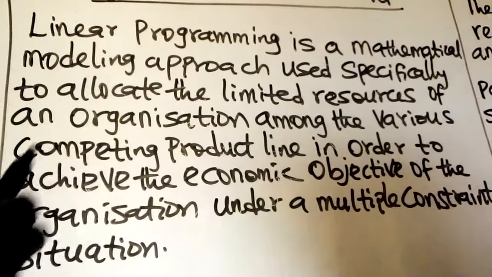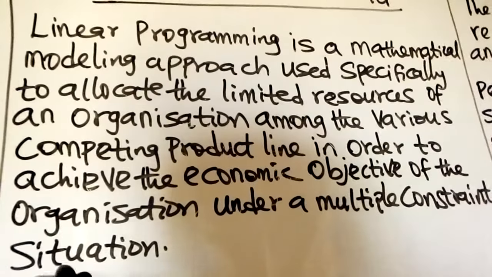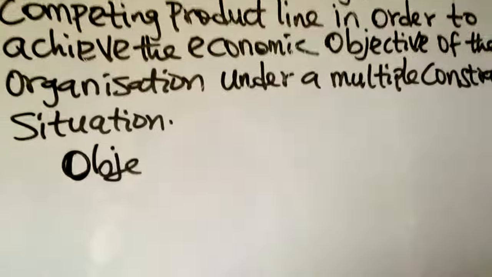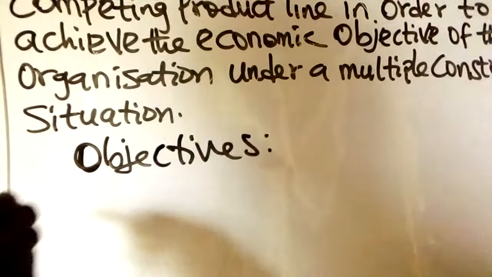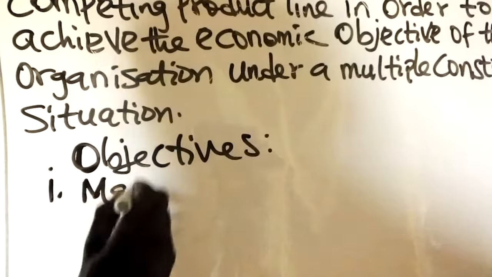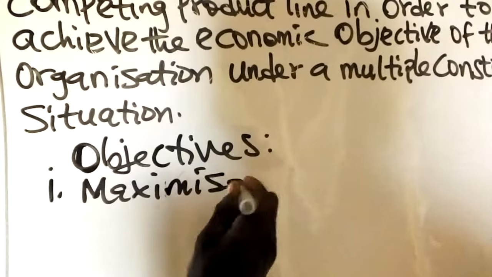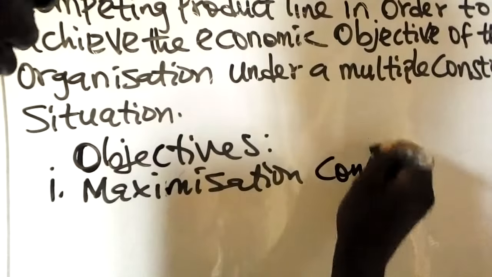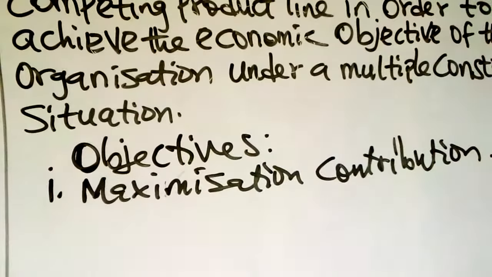The objective to achieve under linear programming could be either maximization or minimization. A maximization objective is usually to maximize contribution. Where profit is given, profit will be assumed to be the contribution.